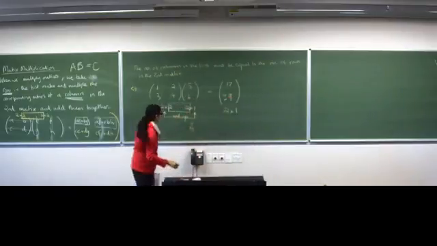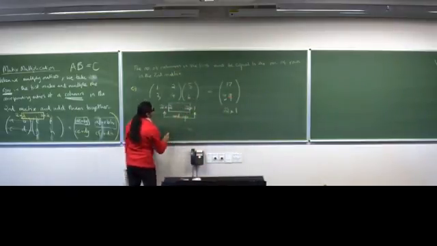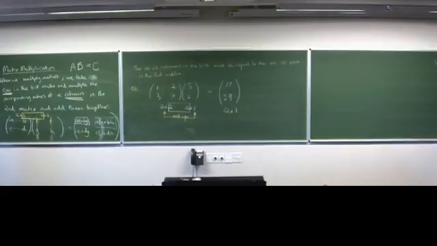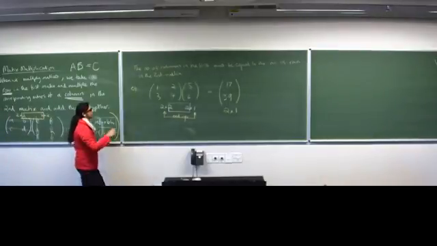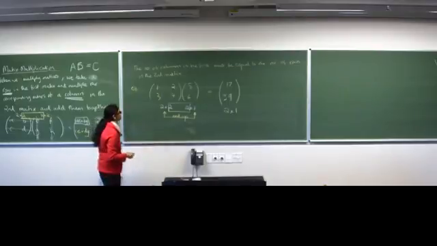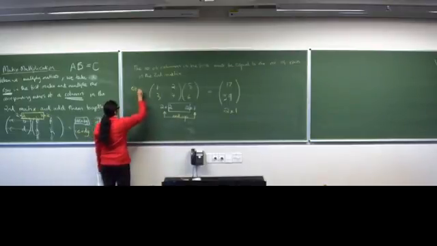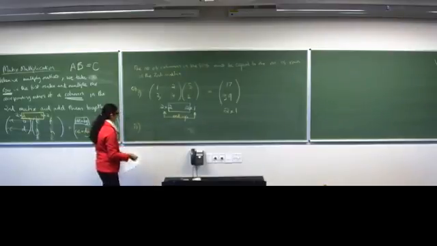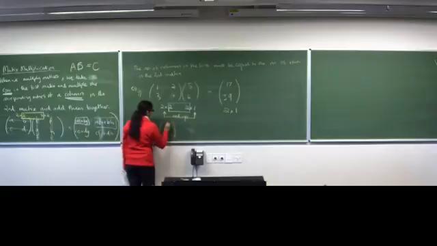Okay? Are you happy? Any questions now? So it's across and down, across and down. So we end up with a 2 by 1 matrix. Let's do another example. What about if we start off like this?